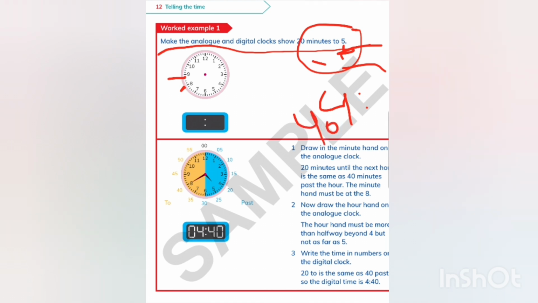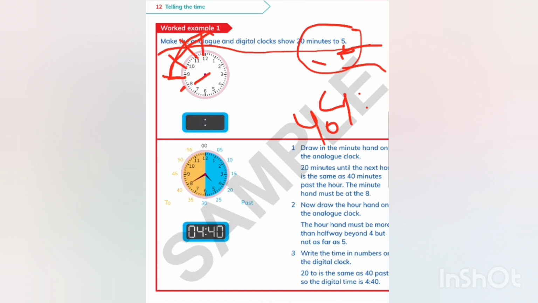Very good. Our big needle is on 8. After 8, if you count 5, 10, 15 and 20, it means when these 20 minutes are covered, then there will be 5 o'clock.